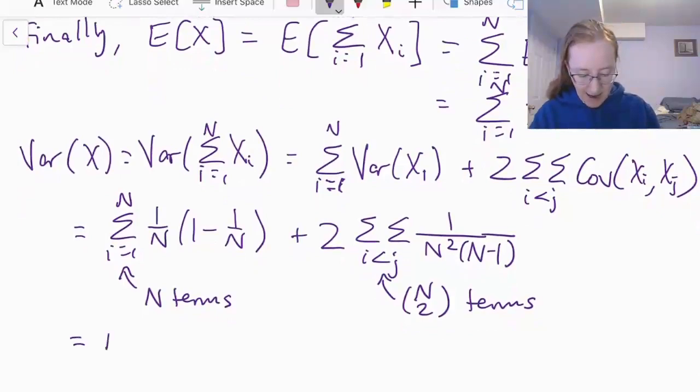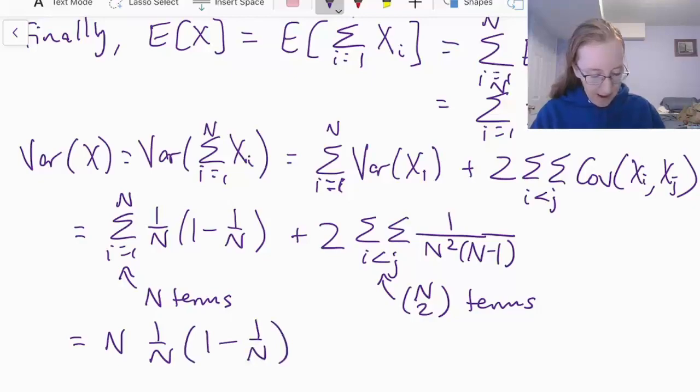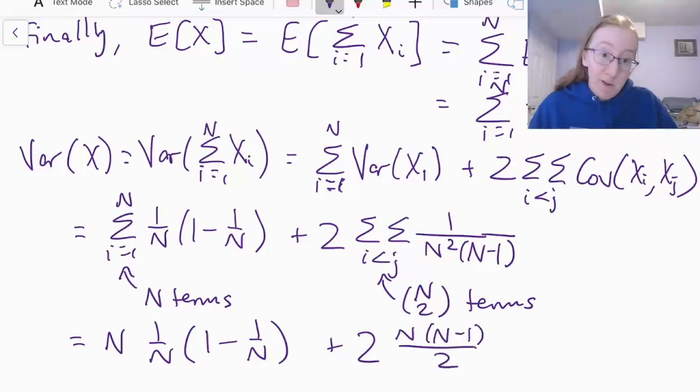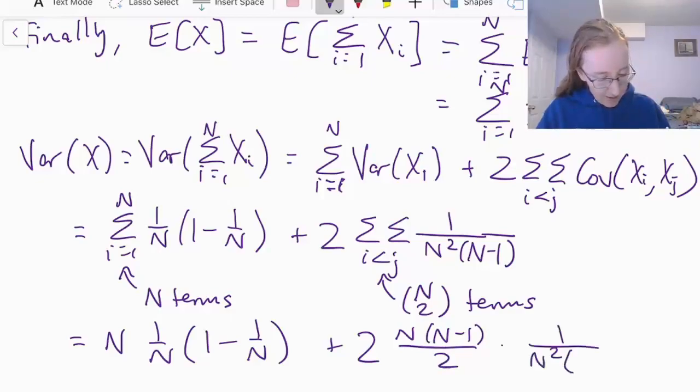And so we can then figure that out. So this will be n times 1 over n times 1 minus 1 over n, and then plus 2 times n choose 2. Well, n choose 2 is n times n minus 1 over 2, by definition, over 2 factorial if you like. And then times 1 over n squared times n minus 1.